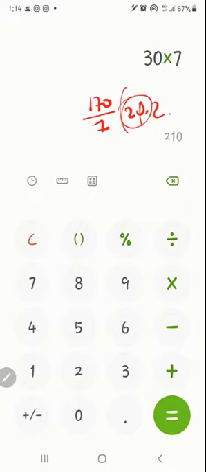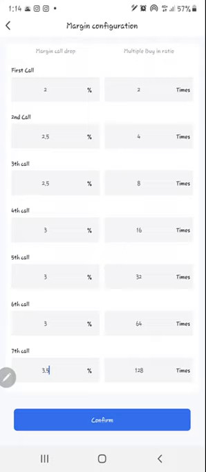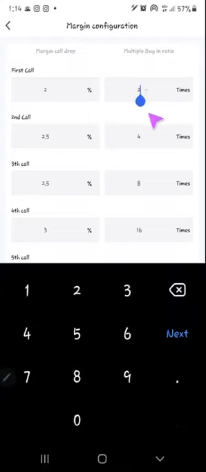So how do you get your 24? When you go back to this place, you ask yourself, how many times must this robot buy in order to give me 24? Now, when you put 1 here, it means you are telling the robot, buy this coin 1 time, which is $30. But when you put, let's say, 0.8 now, you're telling the robot, buy this coin 0.8 times 30, which is our first buy-in amount.